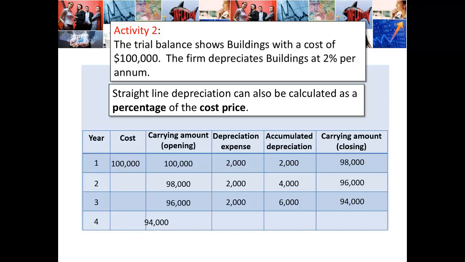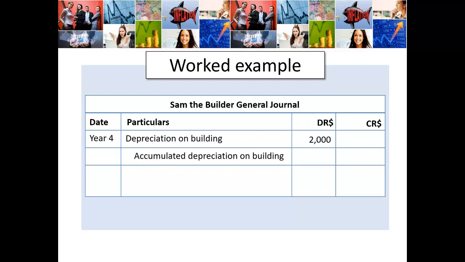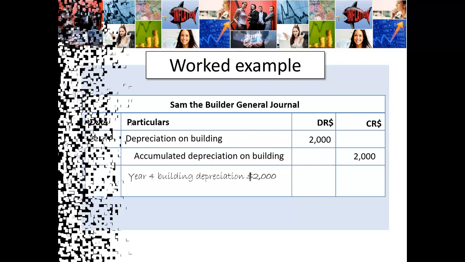So it's always going to be $2,000 as long as it's straight line depreciation. Nothing different there. So we go through and everything's exactly the same. Depreciation on the building, accumulated depreciation on the building is our credit. Narration.